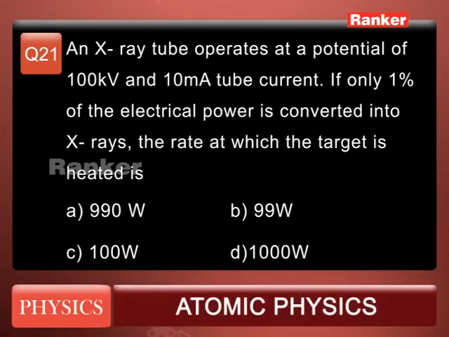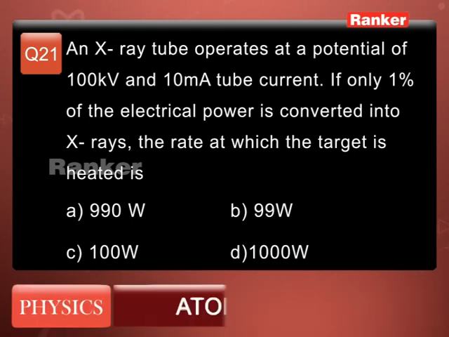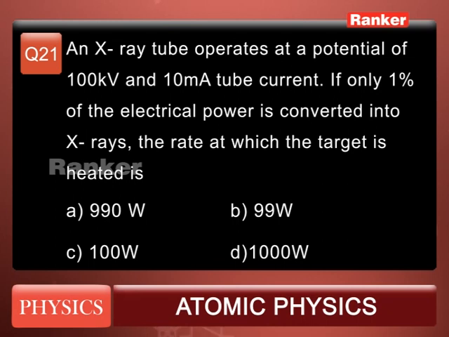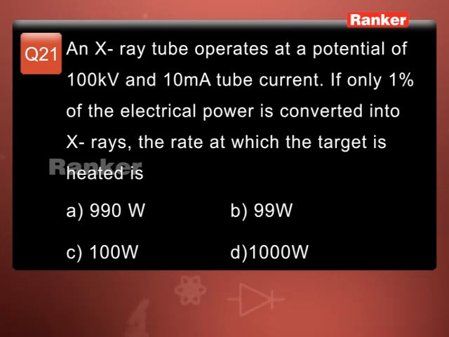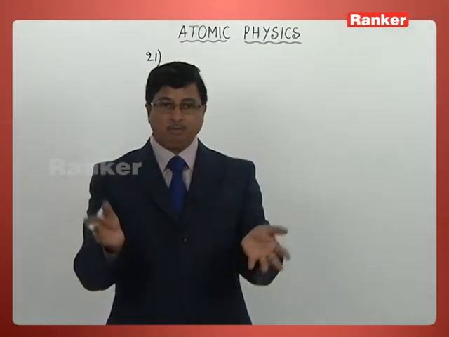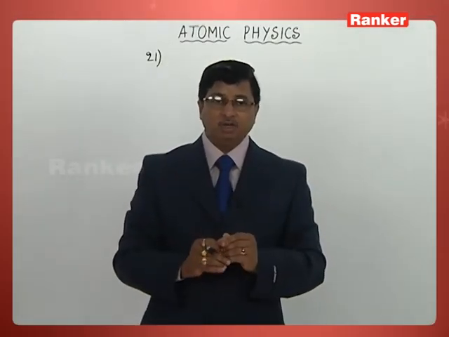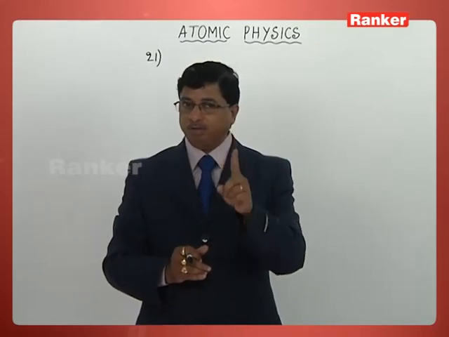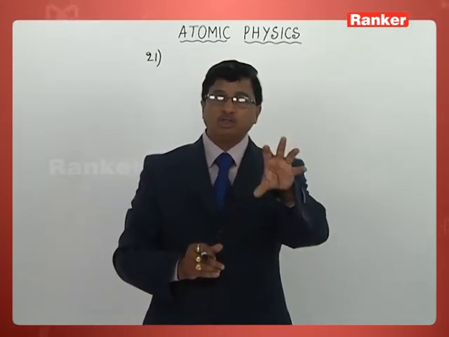But he is giving a wonderful condition here. If only 1% of the electrical power is converted into X-rays. Out of the entire power, what we are finding is that only 1% of the power is producing X-rays.